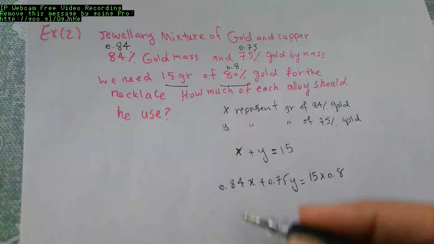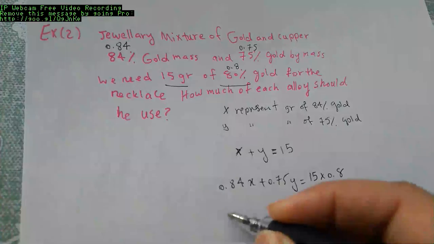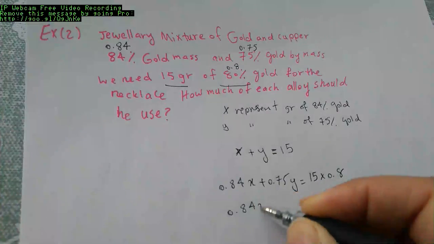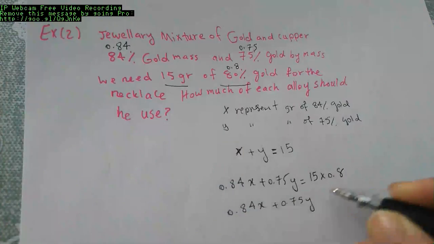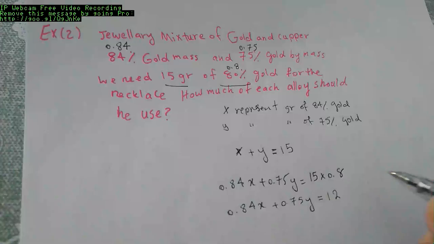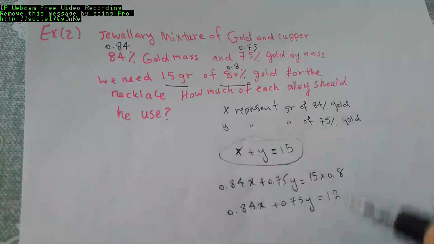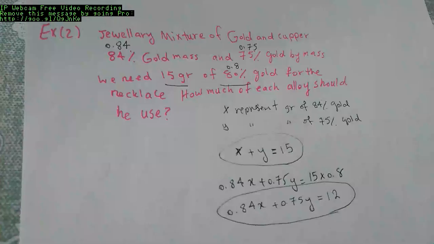If you just multiply these two numbers, it's going to be 0.84x plus 0.75y equal to 12. Now we have a two-system of equations we need to solve for x and y.